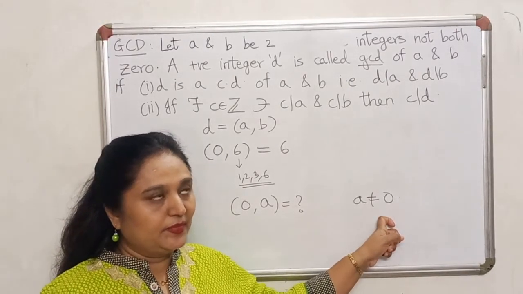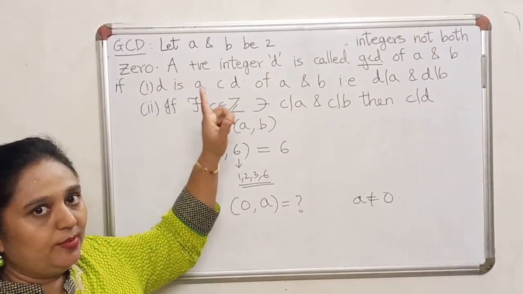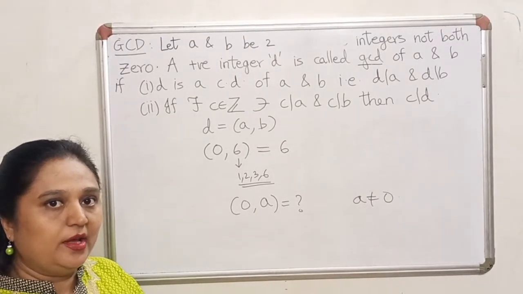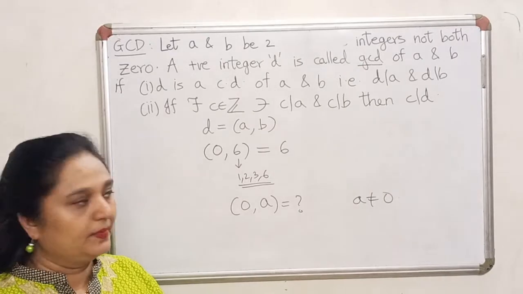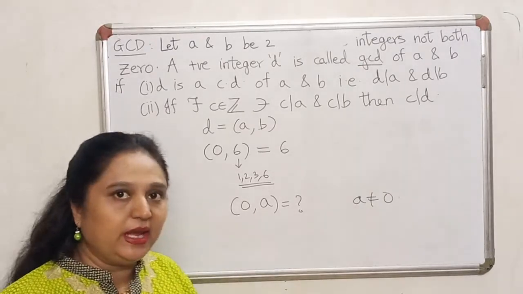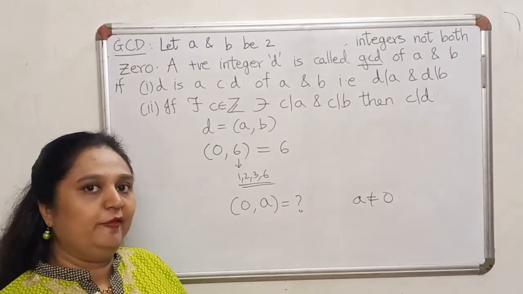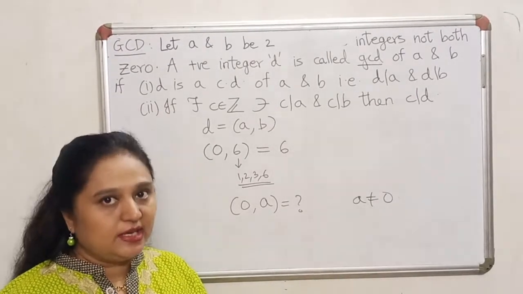Remember that, by this definition, our GCD has to be positive. So keeping that in mind, try and figure out what would be the GCD of 0 and a. Of course, if a is positive, it will be a. What you really need to think about is what would happen if a is negative. So pause, give it a thought.